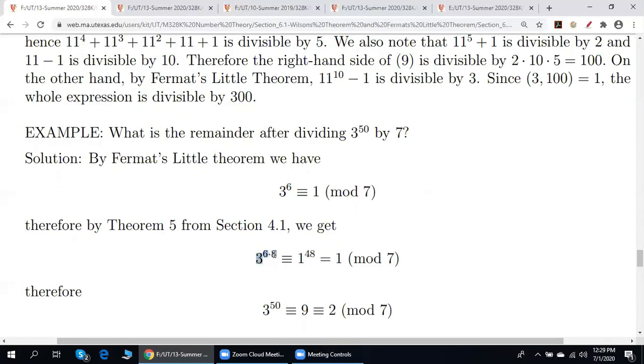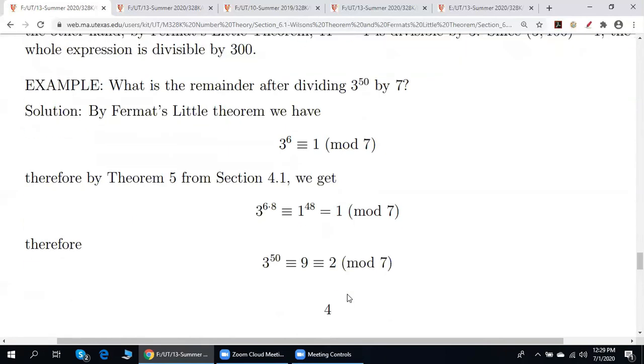If we multiply the left-hand side by 3 square, we get this. If we multiply the right-hand side by 3 square, we get this. Lastly, observe that 9 is congruent to 2 modulo 7, therefore the remainder is 2.